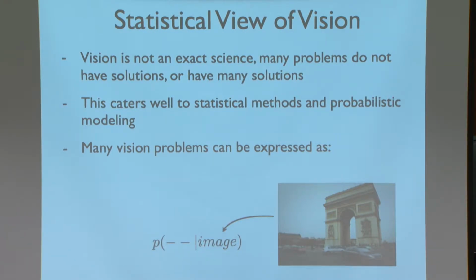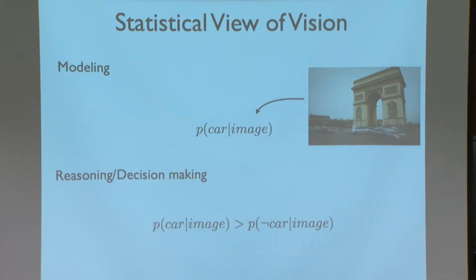In the most simple way, we can define every computer vision problem as the bottom equation here, where it's the probability of something given an image. And that something can be different problems. If it's a classification problem, we can ask, is there a car in the image?